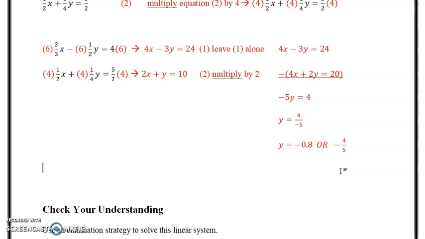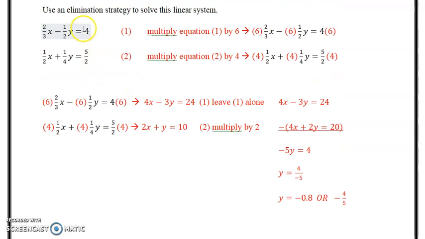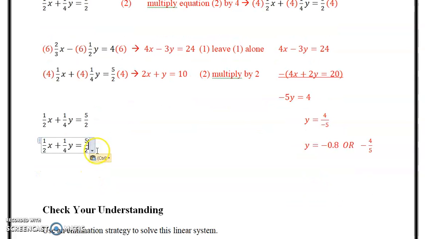Once you have your y value or your x value, we're going to substitute that back into either one of the original equations. It doesn't make a difference which one. So I'll substitute into equation 2 again. Everywhere I see my y value, I'm going to put in negative 4/5.